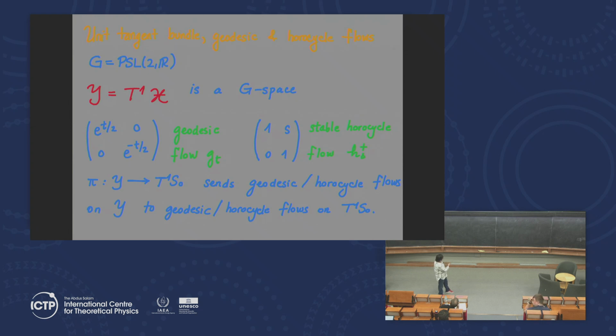So then the fibration from the unit tangent bundle of the hyperbolic solenoidal surface to the unit tangent bundle of the base surface sends geodesics onto geodesics, horocycles onto horocycles, because at the level of plaques, you have isometries, okay?